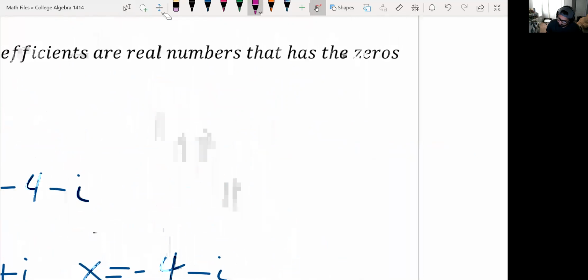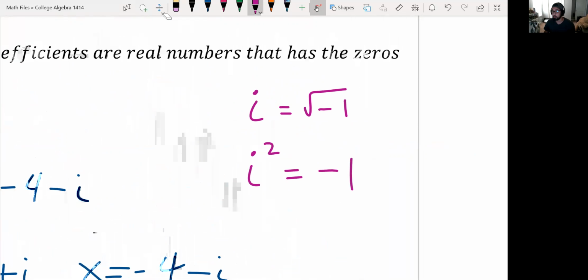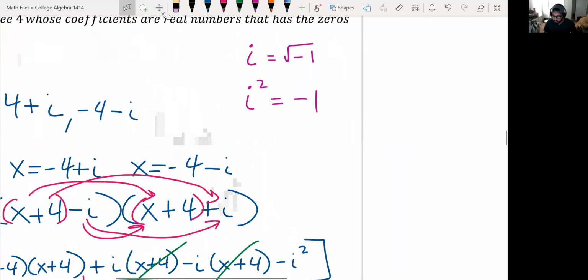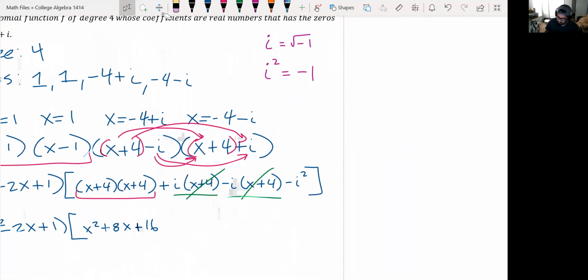So, quick little refresher, right? Remember that i is the square root of negative 1. i squared is just negative 1. So this is something we should know, or maybe just refresh you on it. So this means that this i squared becomes negative 1. But watch out for that negative waiting on the outside. So I'll write it in though. You're going to get minus negative 1, close bracket.